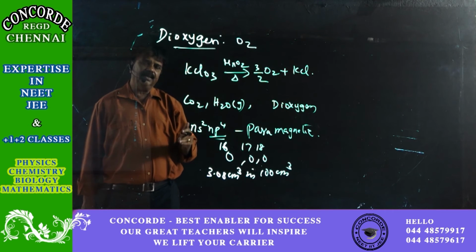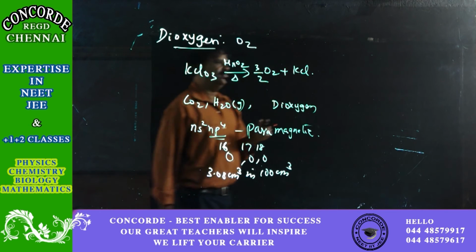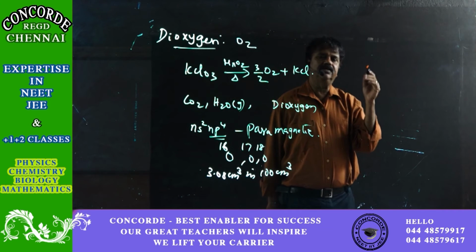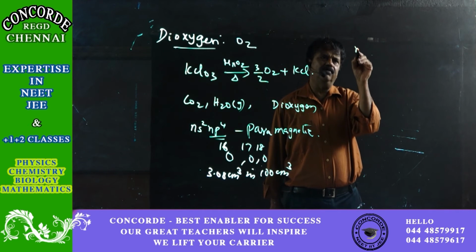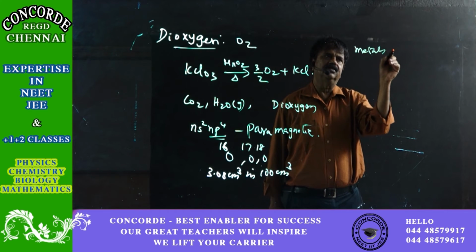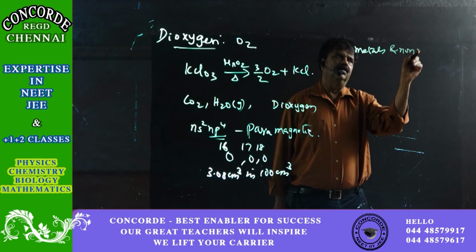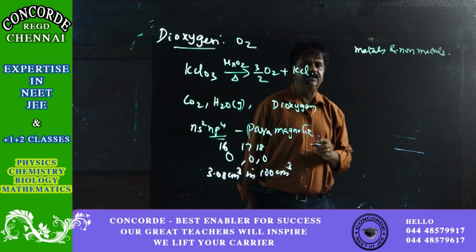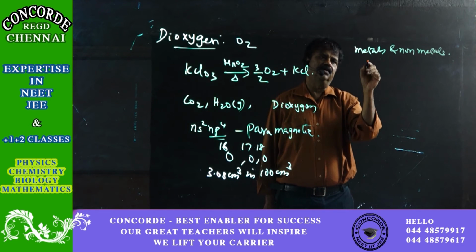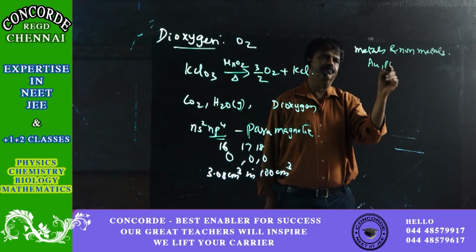When we take the chemical reactions of oxygen, oxygen is a powerful aid in the oxidation process. It reacts with almost all metals and non-metals, except gold and platinum.